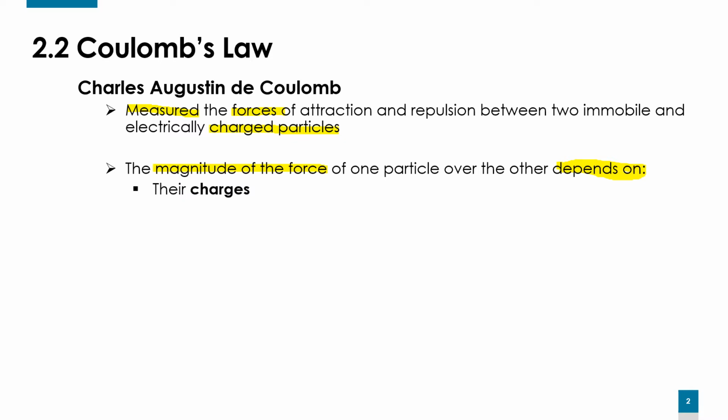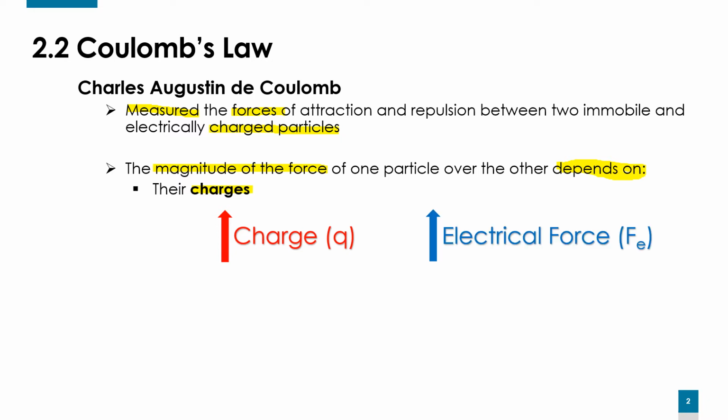Their charge. So if I have more charge in my particle, I'm going to have more force of attraction. So they are directly related. The higher my charge, the higher the electrical force that keeps the charges together or repelling.